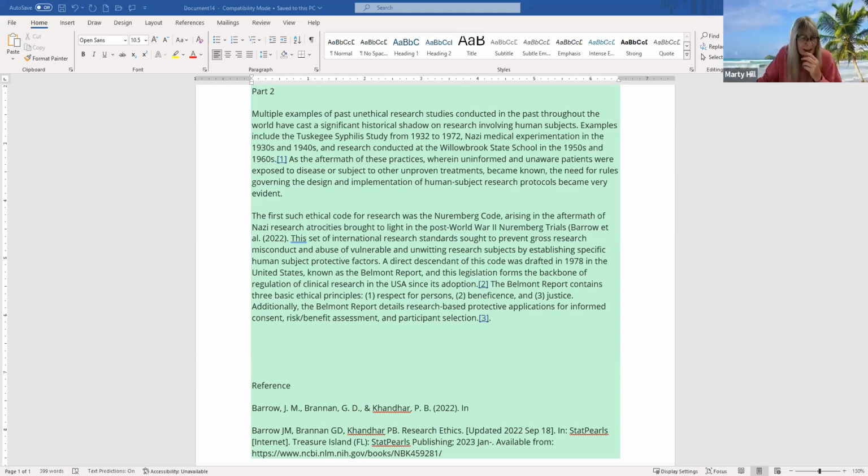All of this is in that book. Wow. Doesn't feel right, but I'm going to play with it. Research ethics. Still not giving us the page numbers.